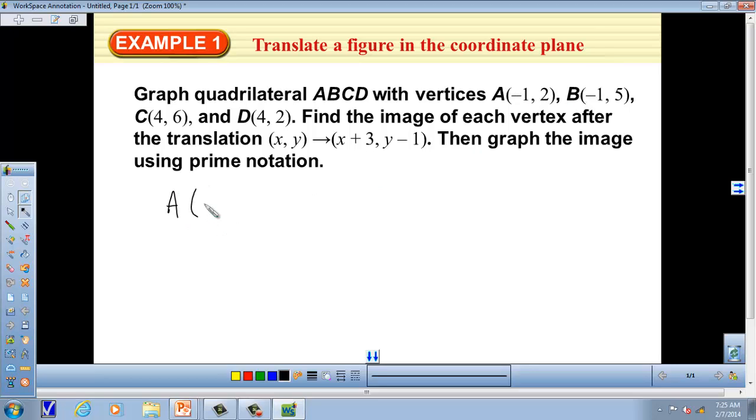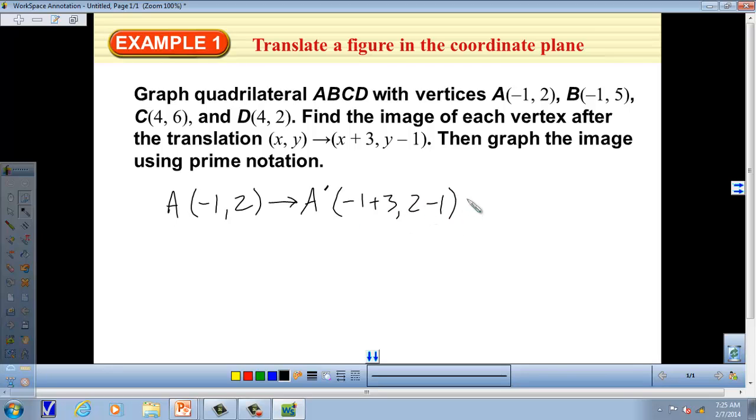So A is originally at -1, 2, and it becomes A prime, which is -1 plus 3, and 2 minus 1, which is essentially 2 and 1.